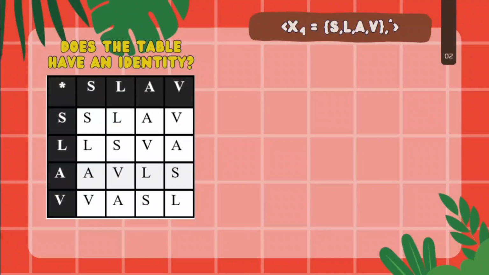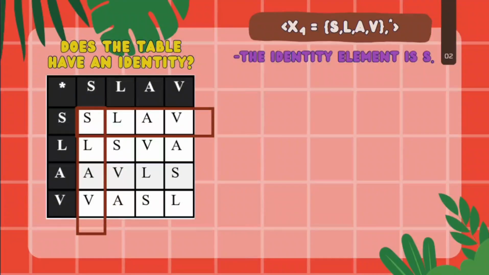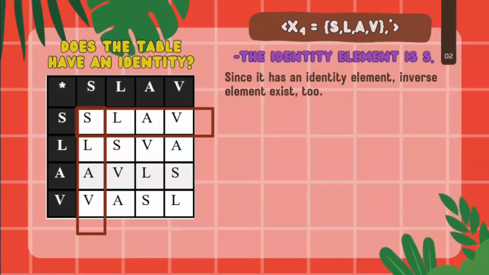Next, does the table have an identity? The x sub 4 has an identity element, which is the element S. Since it has an identity element, inverse elements exist too.